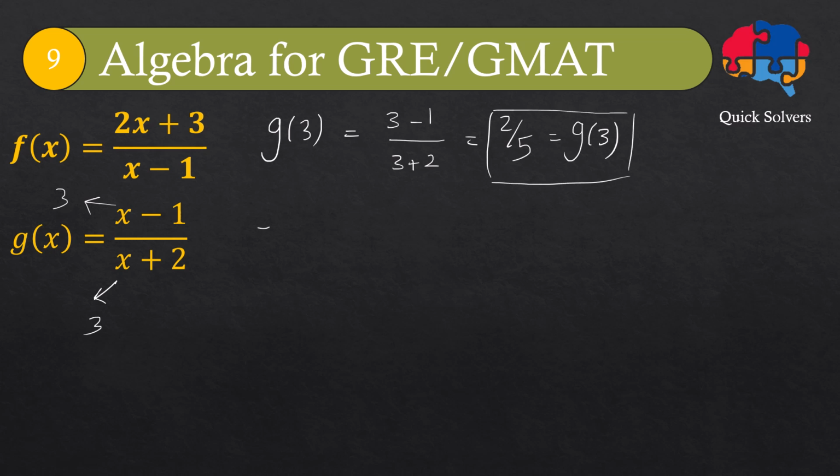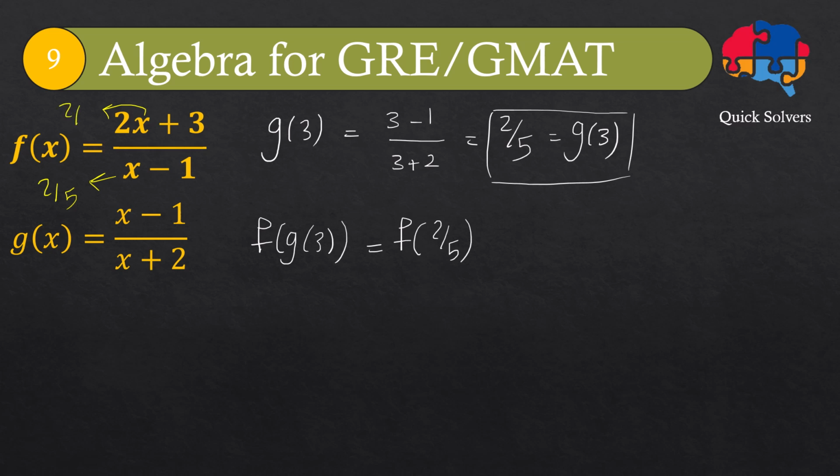And now we need to find f of g of 3. We know g of 3 is 2 over 5, so we need to calculate f of 2 over 5. What does that mean? That means here we replace x by 2 over 5, and we replace x here by 2 over 5.